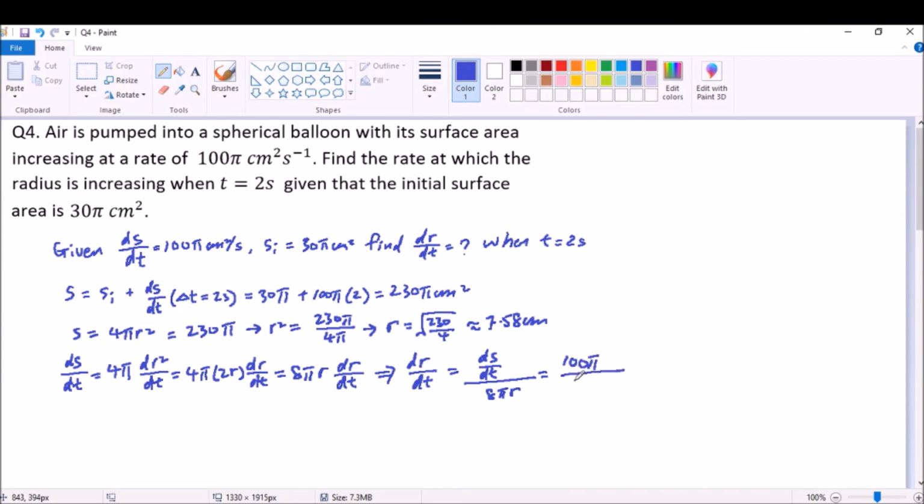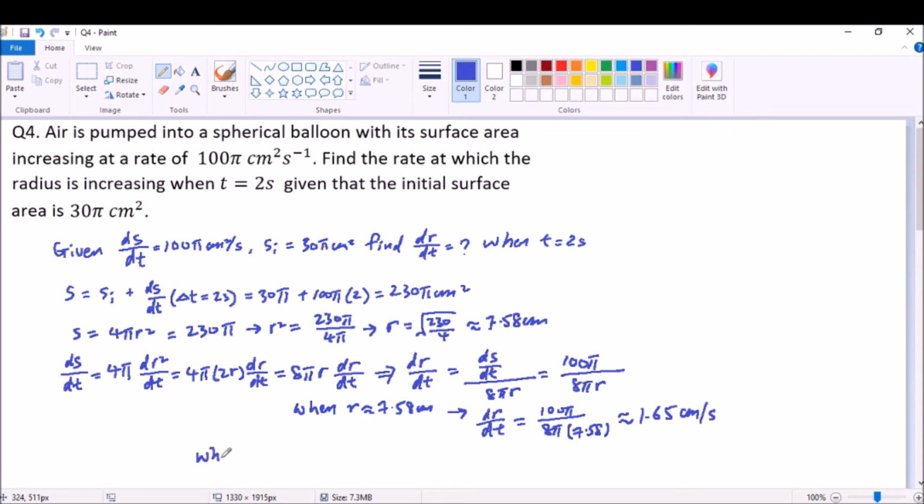So when r equals approximately 7.58 cm, we have dr over dt equal to 100 pi over 8 pi times 7.58, which is approximately 1.65 cm per second.